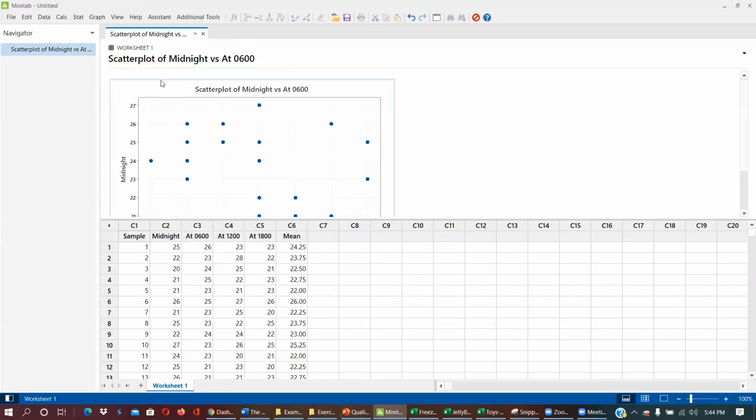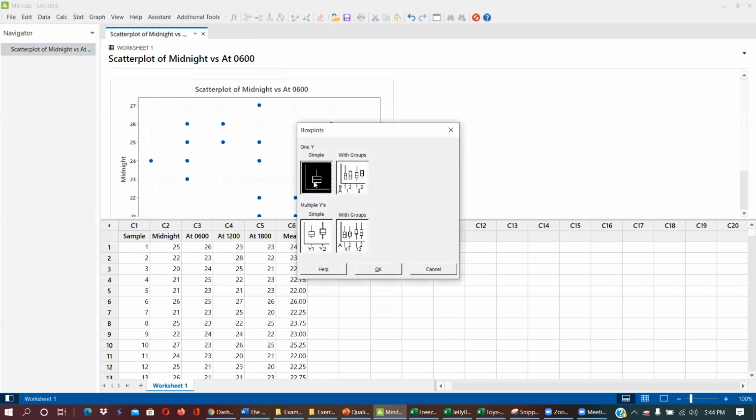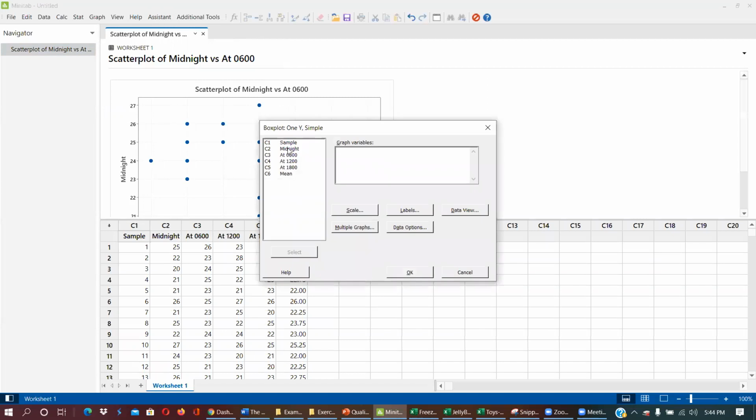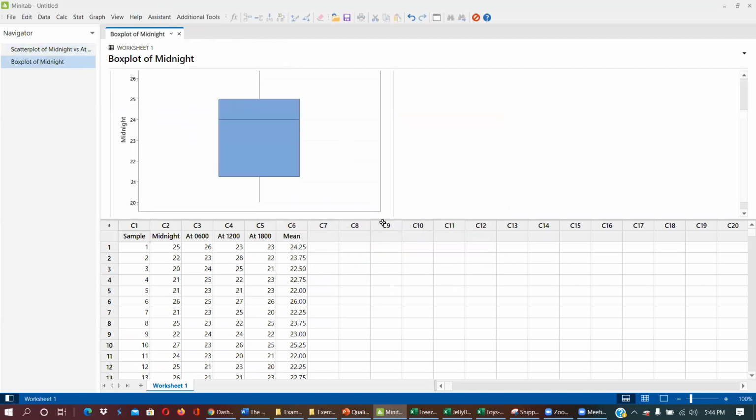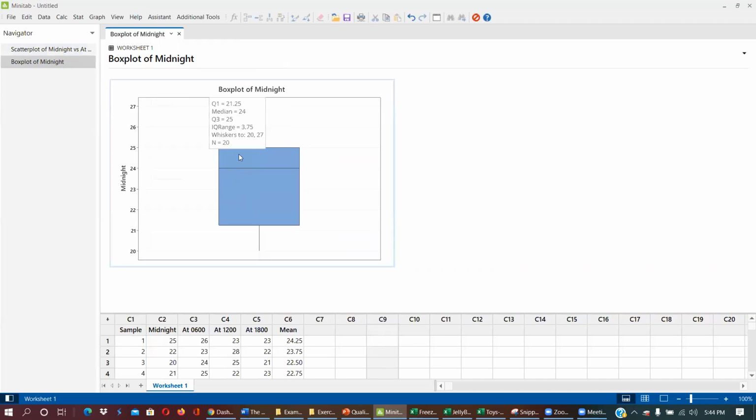Box plot: you go under graph, and here you can see the box plot. I'm just going to pick some random data. You can see this is the box plot, and when you go under edit, you can find the levels, Q1, median, Q3, interquartile range and everything.